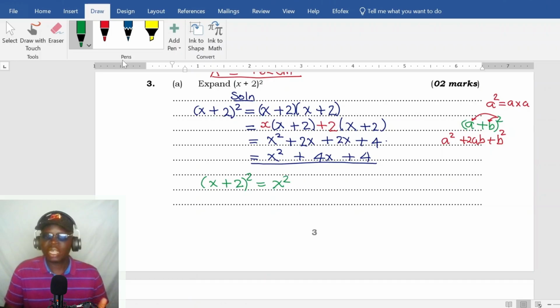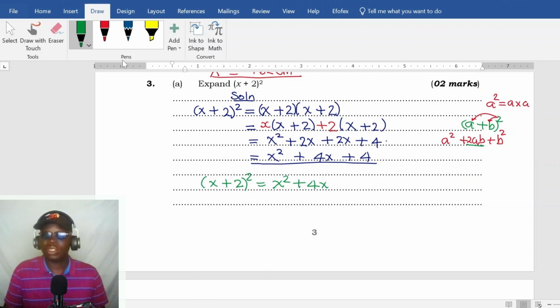Now let me go to the middle term, because we've learned something here. Remember, our a is representing x, and our b is representing 2. So we have 2 times x, which gives 2x, and 2x times 2 gives 4x. We put it here as 4x.